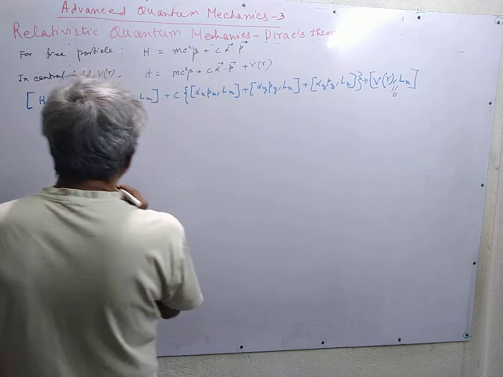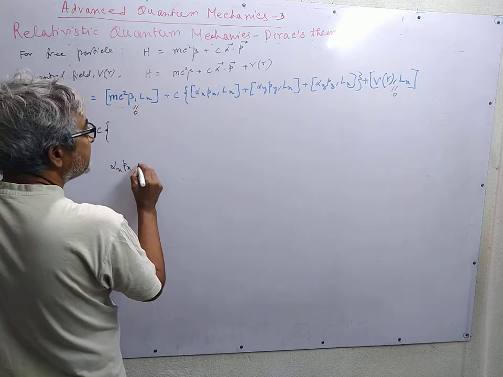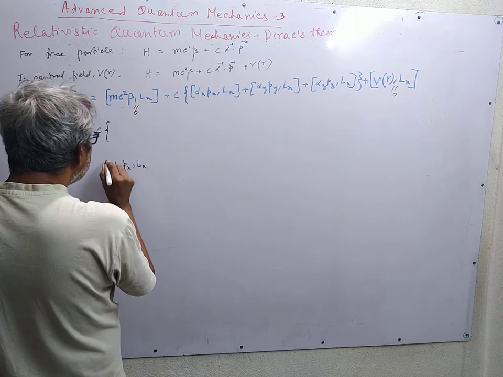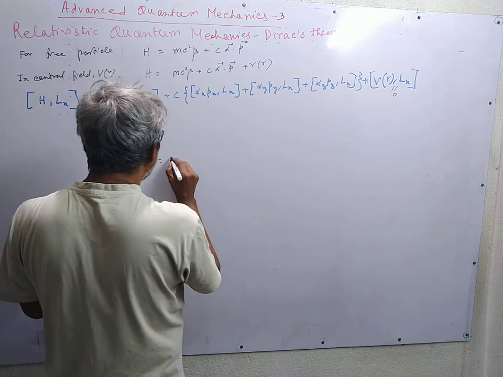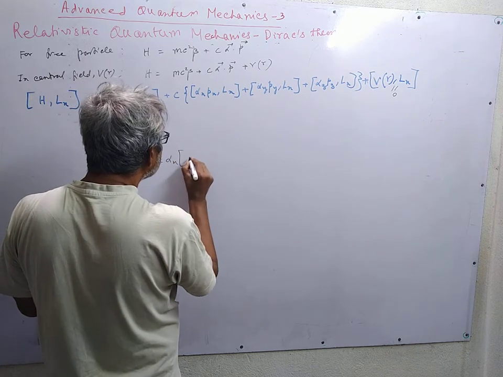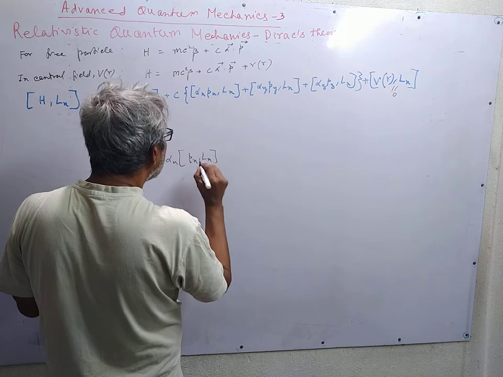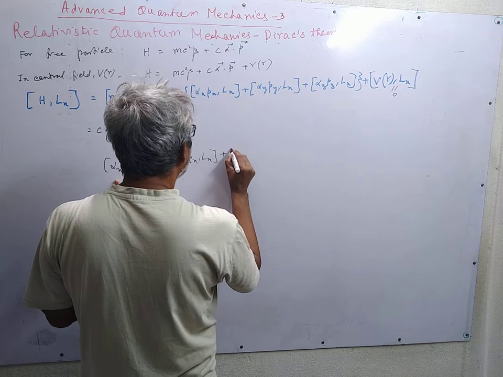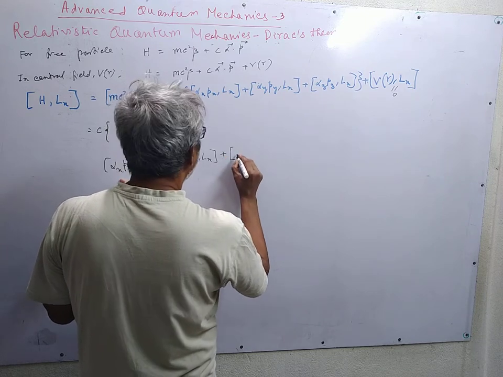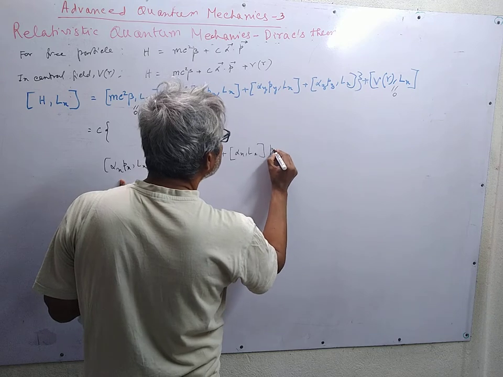and you see that if we take alpha x px Lx, this commutator can be written as alpha x px Lx plus alpha x Lx px.